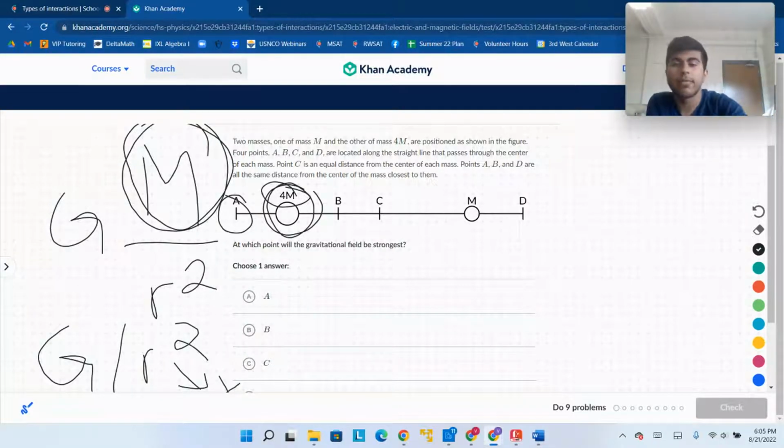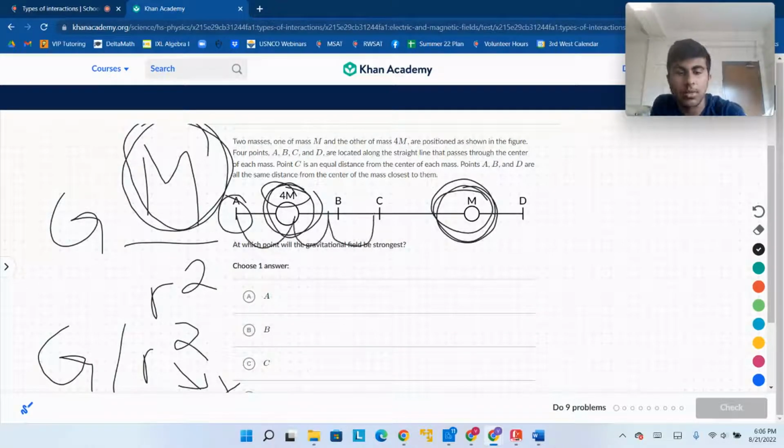Now for this one right here, it's going to be 1, 2, 3, 4, 5 away. By the inverse square rule, the rule that says that as we get farther apart, we have to divide the force by the square of that, we're going 5 more away, so we have to divide by 5 squared, or 25.